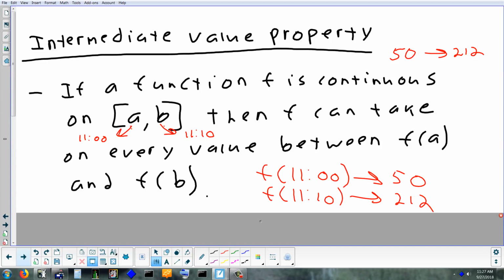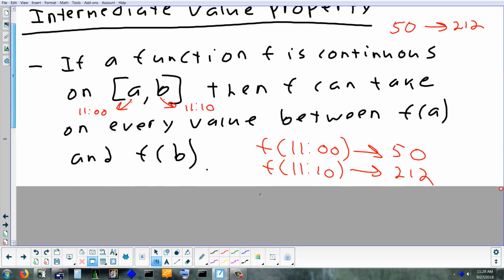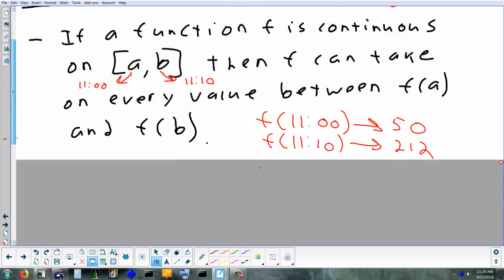You want to go through 86.2 degrees? There's a time between 11 and 11:10 when the temperature was exactly 86.2 degrees. Any question on that idea? You pick a value between 11 and 11:10, I guarantee you'll get a value between 50 and 212. Always.